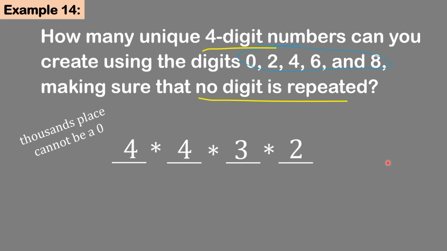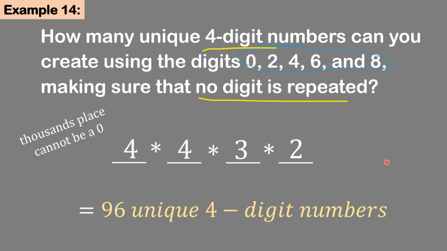After choosing the third digit from the 3 remaining choices, there are 2 remaining choices left for the last digit. Apply the fundamental counting principle. Therefore, there are 96 unique 4-digit numbers with no digit repeated.